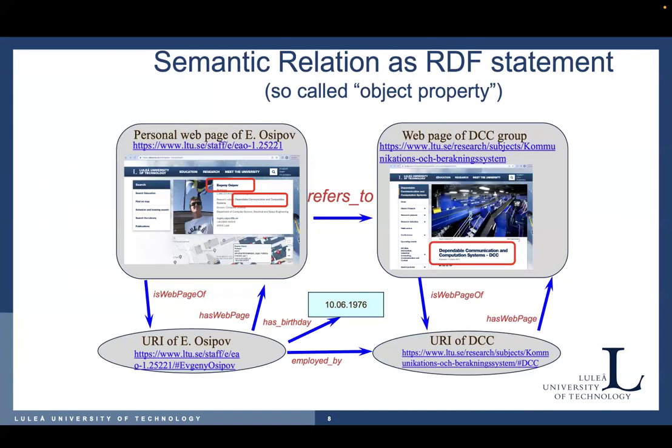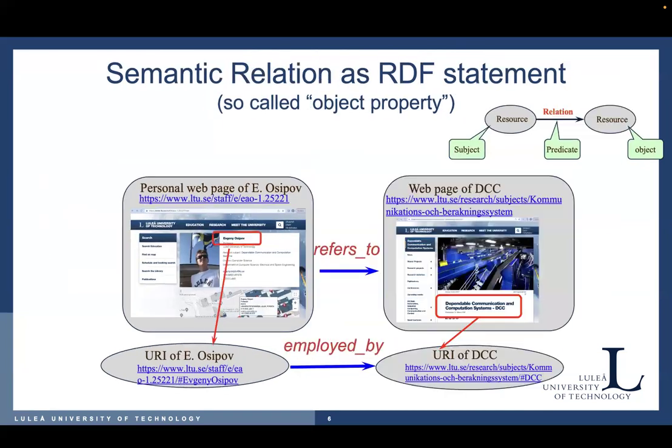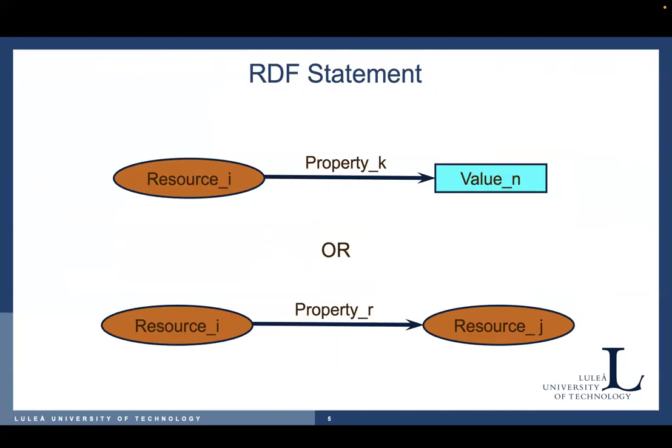What you can notice in all these examples is this very simple format: resource, property, and a terminal, either a terminal symbol or another resource.